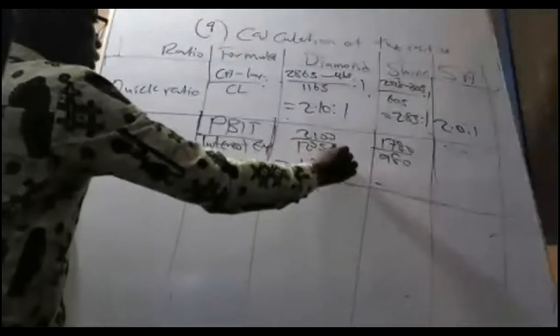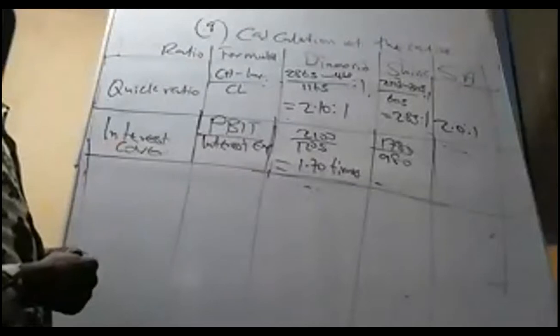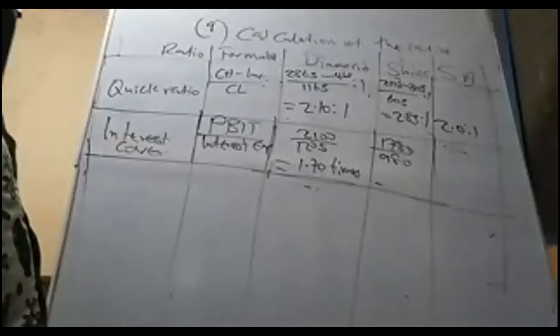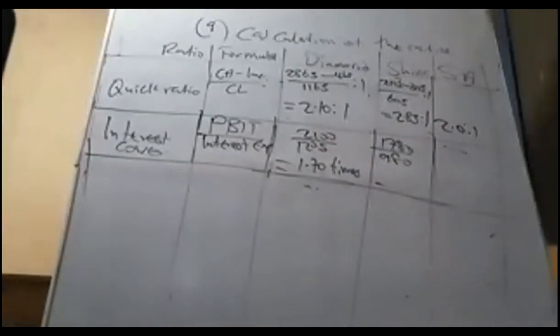And the answer will be 1.70 times. And this will give us 1.74. Okay, I'll take that. Let's run all of them to 2 decimal places.